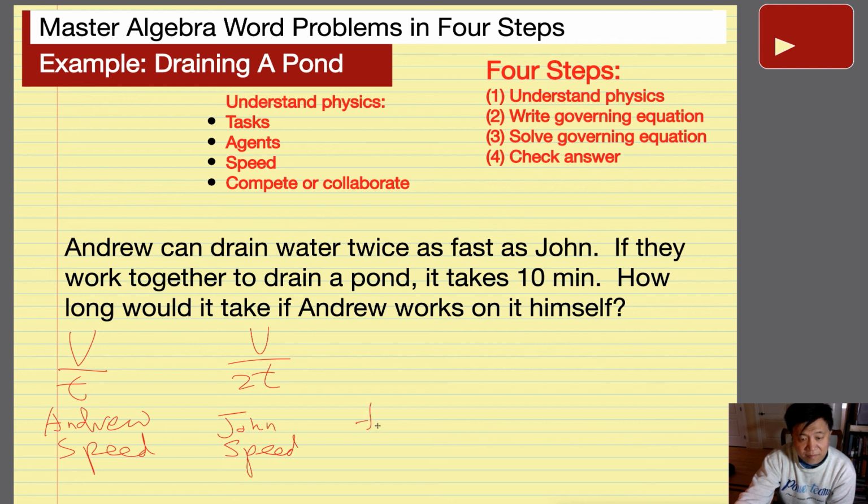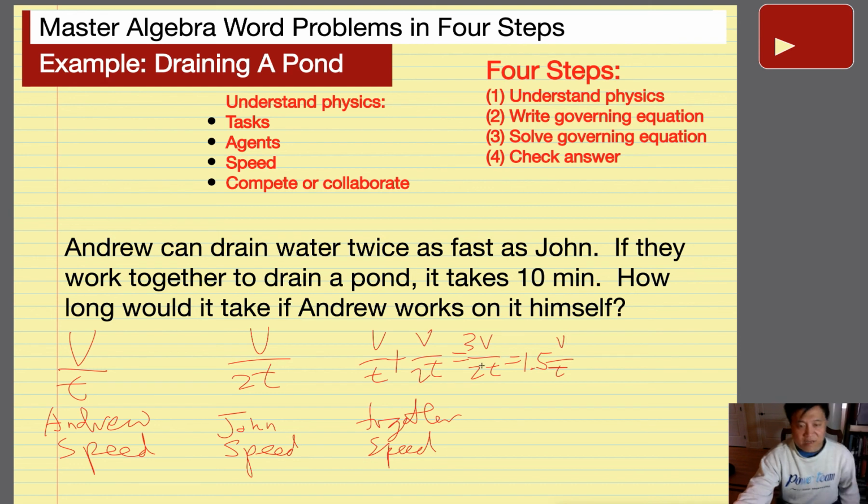And together, their speed is V over t plus V over 2t. This is equal to 3V over 2t, or 1.5 V over t. That's the speed at which they work on this together.